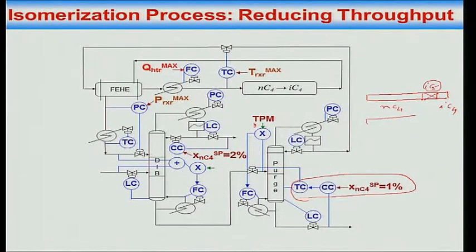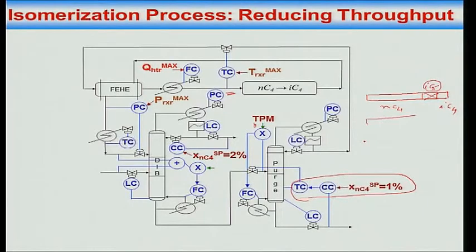Because the flow to the reactor has reduced, Q heater is at max, therefore this stream will be hotter. Because this stream will be hotter, I will start sucking more stuff here. I will say, okay, this is hotter, send me more stuff. So as I start sending more stuff, essentially I will suck in more feed through the action of the inventory controllers. Yes or no? Does that make sense or no?